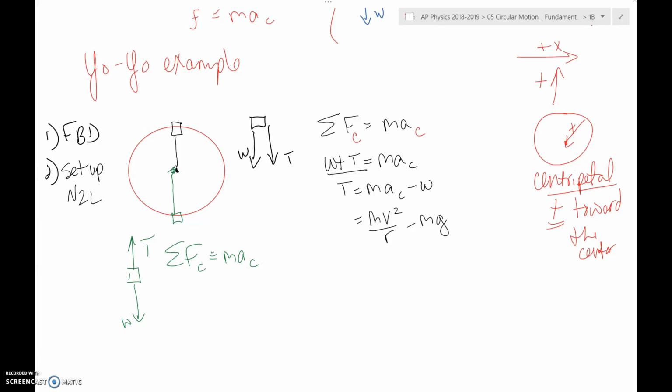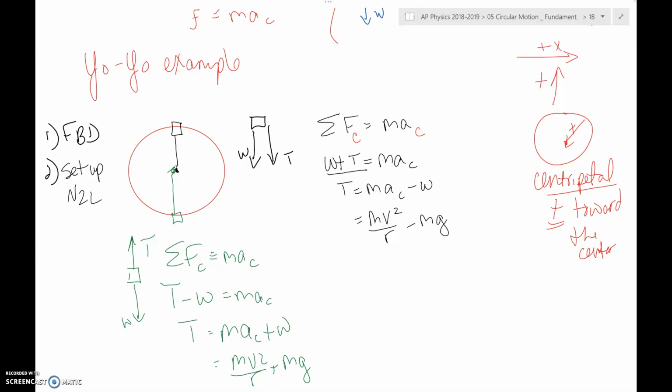Okay, so what happens here? We now have tension as our positive because it's going towards the center, minus the weight, is going to be equal to mass times the centripetal acceleration. So our tension is now mass times centripetal acceleration plus the weight. All right, so tension is mass times velocity squared over r plus mass times gravity.